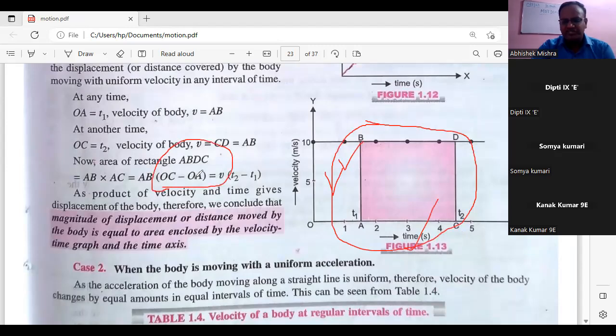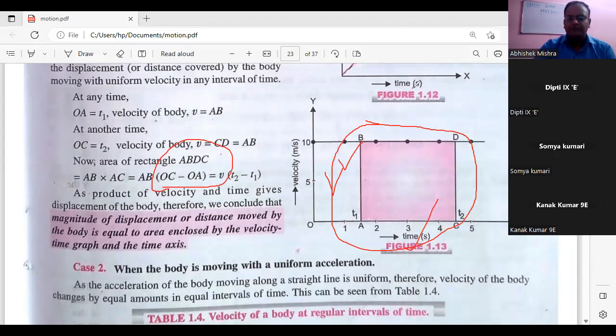What is the value of OC? Tell me. Soumya, what is the value of OC? That's T2. Very good. And Kanak, what is the value of OA? T1.